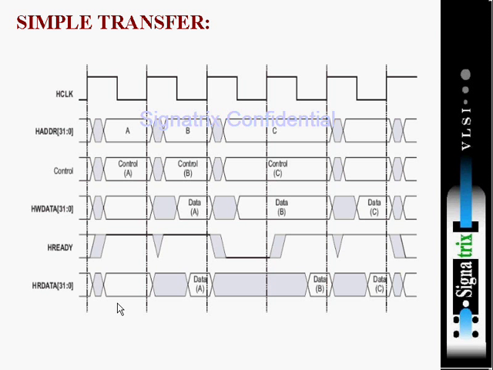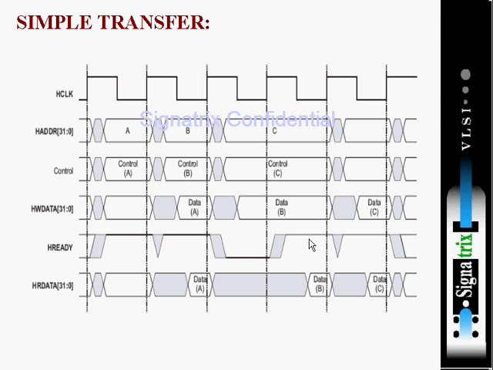For example, you just look at here, in the third clock cycle, the master detects that the HREADY signal is low. So that means the slave is not ready to receive that data at that moment. So the master is retaining the same address for the next clock cycle, and the control signals are also the same for the next clock cycle, and the data also.